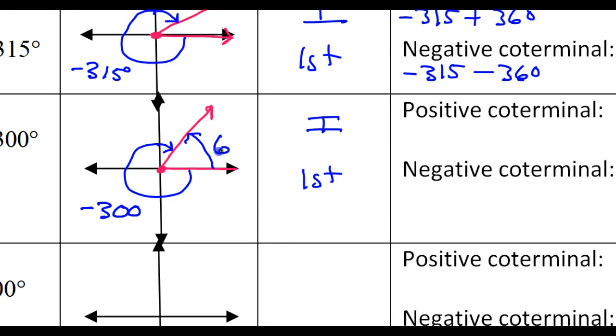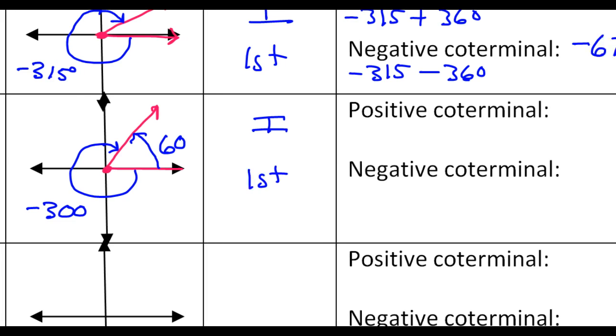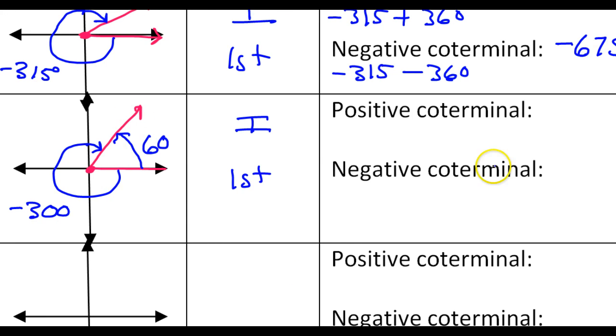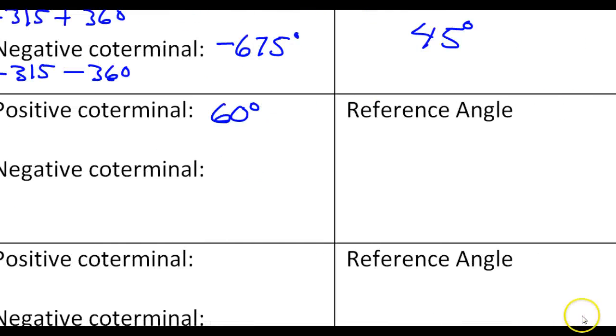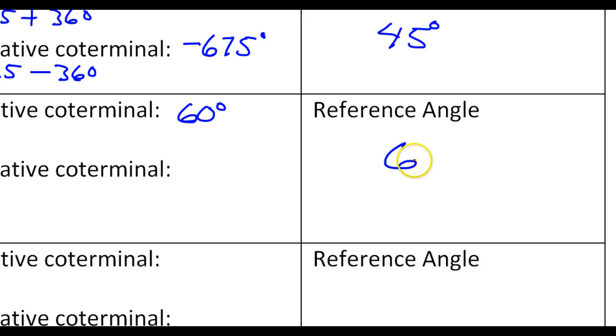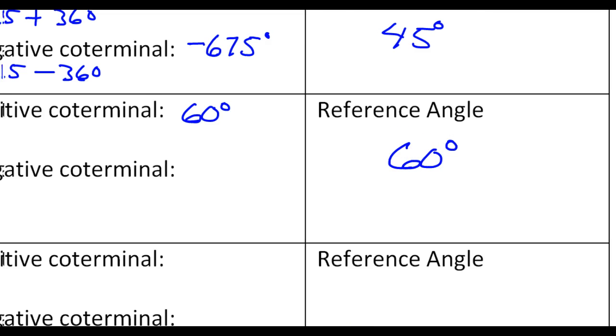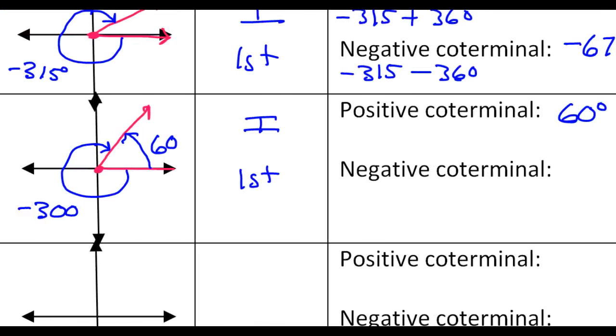Can you see that this is the extra 60 degrees? So that's the missing angle here. So that would be a positive coterminal angle right there. If I moved in the positive direction 60 degrees, it put me at the same spot. So 60 degrees. That also happened to be the reference angle. Okay, so we got both of those done.